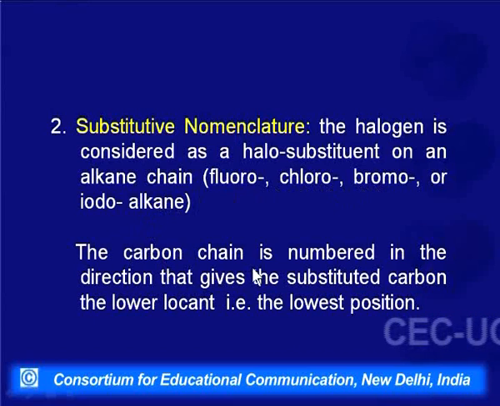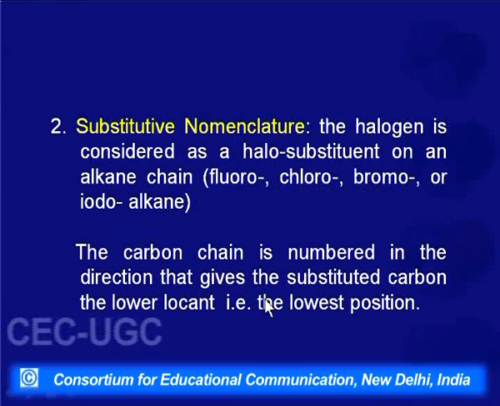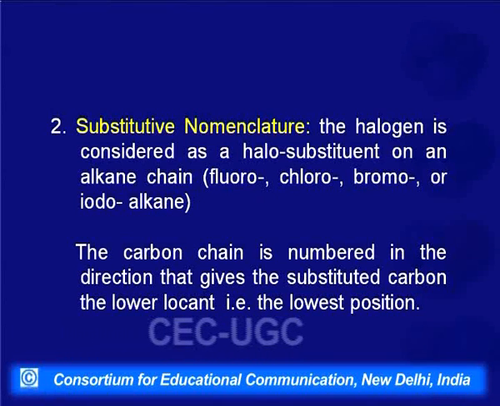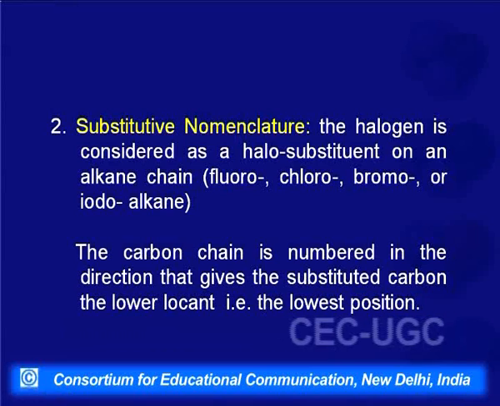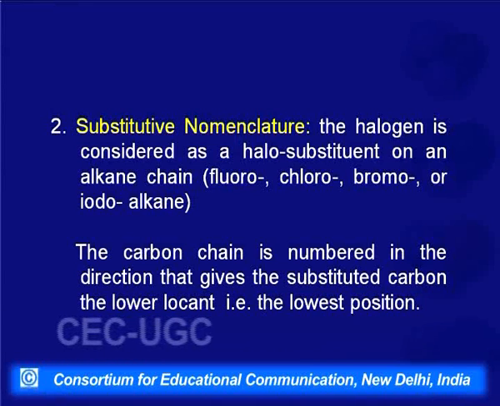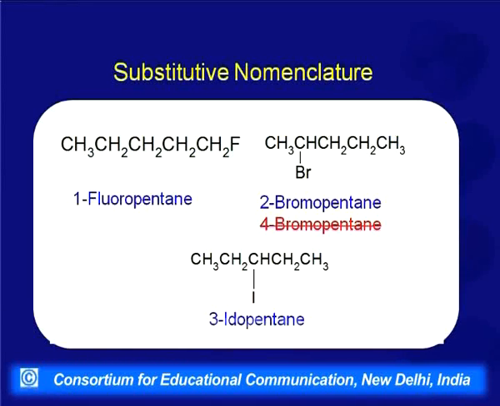Here the carbon chain is numbered in the direction that gives the substituted carbon the lowest locant, that is the lowest position. This also we will understand better when we look into a number of examples.